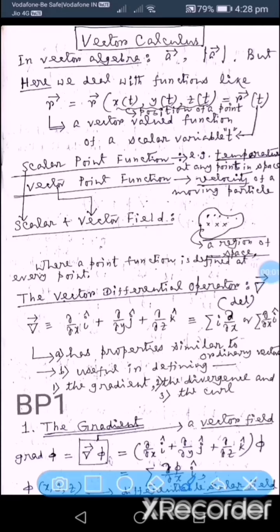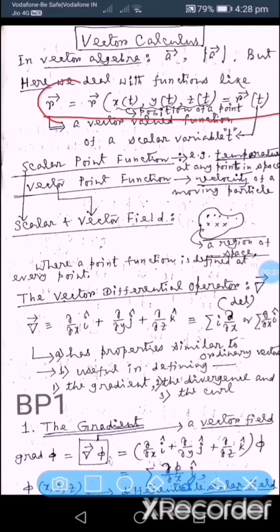Vector calculus. In vector algebra, we dealt with constant vectors, meaning vectors which are constant in magnitude and fixed in direction. But in vector calculus, R is a function of x, y, z. Position vector is a function of time. x, y, z are again functions of time.